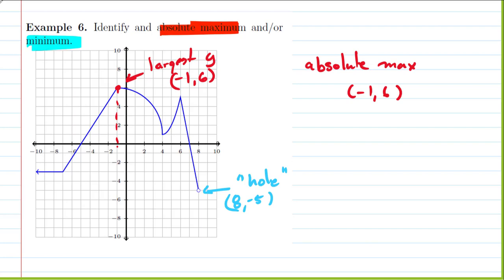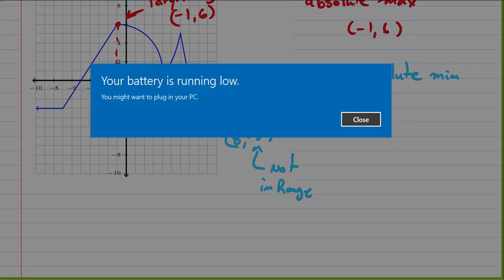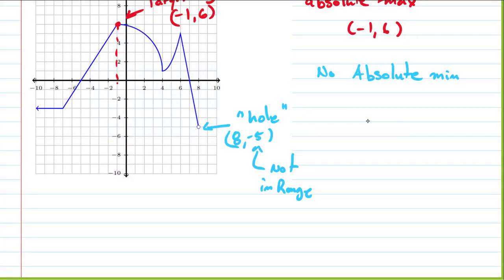We'd want it to be -5, but -5 is not in the range. So we have -5 is not in range. So there is no absolute min. Because there is no y value that is smaller than every y value.